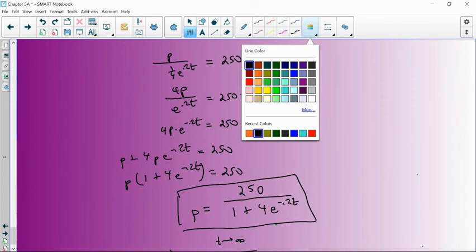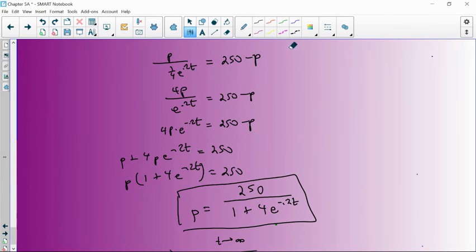So let's go ahead and set the population to 125. So that's 250 over 1 plus 4e to the negative 0.2t. Now we can take this expression, put it to the left, move the 125 to the right underneath it.